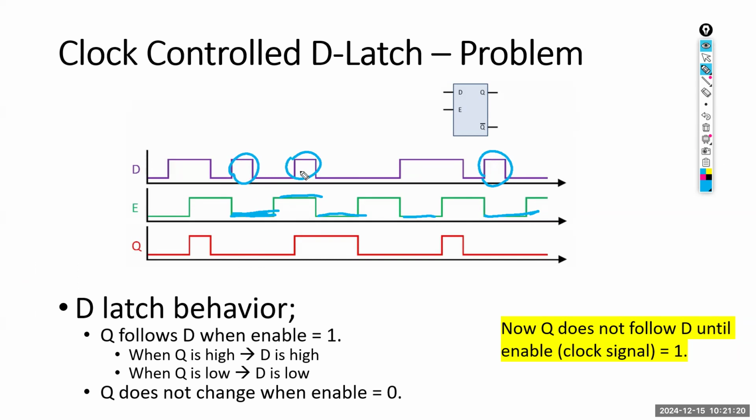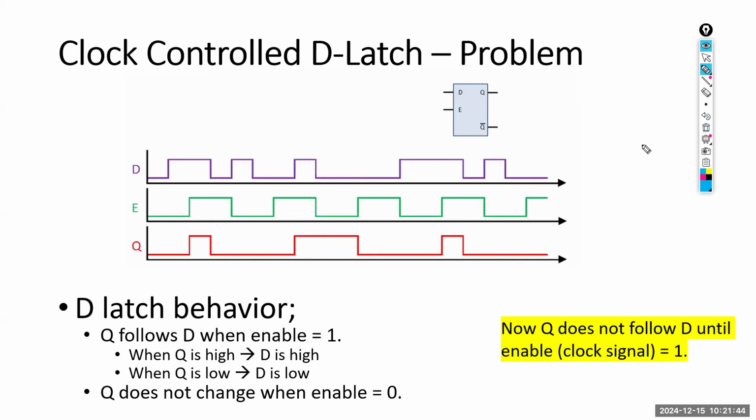But you can see it should have been something like this. Actually, this is a stray pulse, but it has responded to this and all of a sudden my Q has gone up. Right. So this stray signal is okay. But sometimes these stray signals are affecting my output.